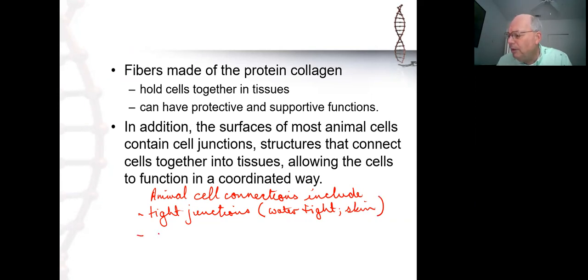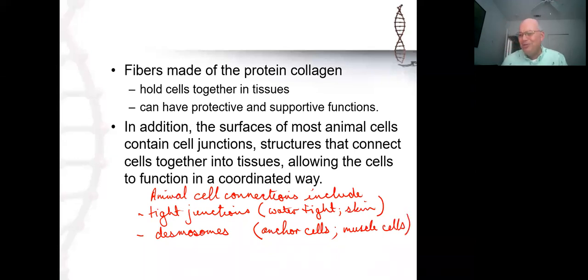Then we've got something called desmosomes. And these anchor the cells to each other. And a really good example of this is muscle cells.